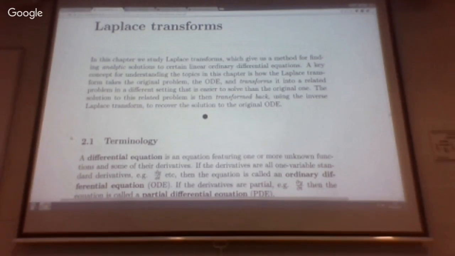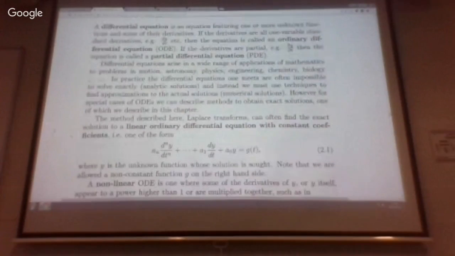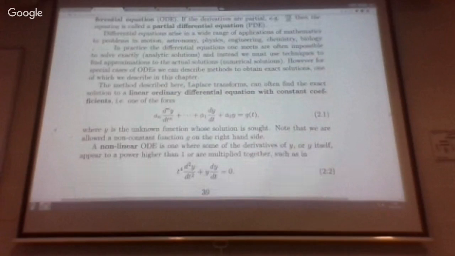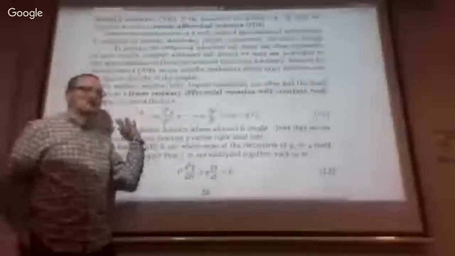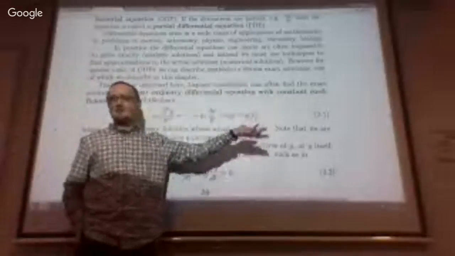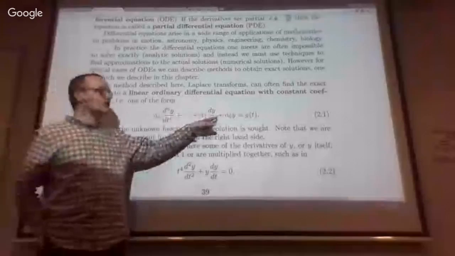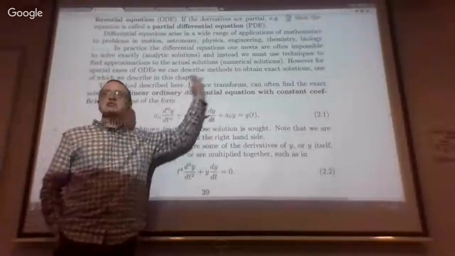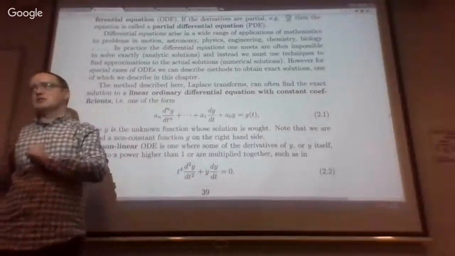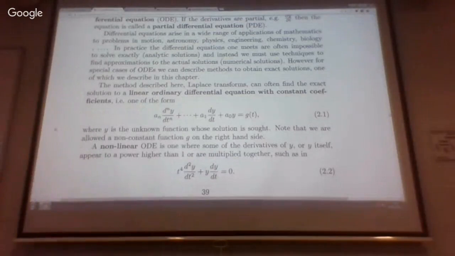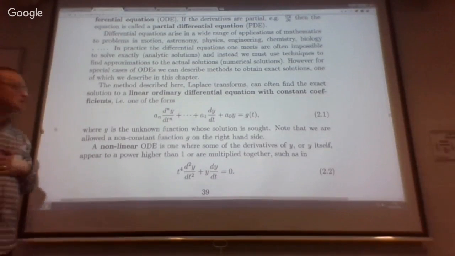Because the way the Laplace transform solution method is going to work is we're going to transform the equation. We're going to take the differential equation we're trying to solve and transform it so that it looks a lot different. It will no longer feature derivatives. We'll transform it into a more algebraic kind of equation.